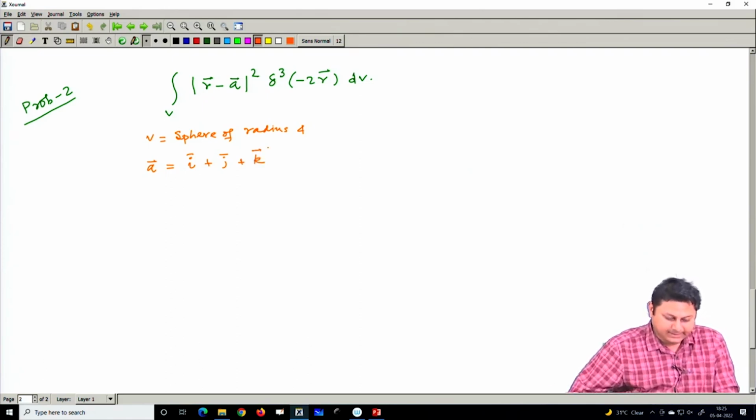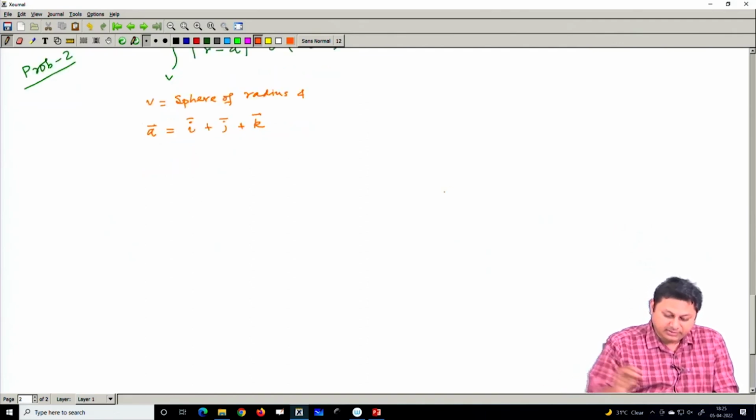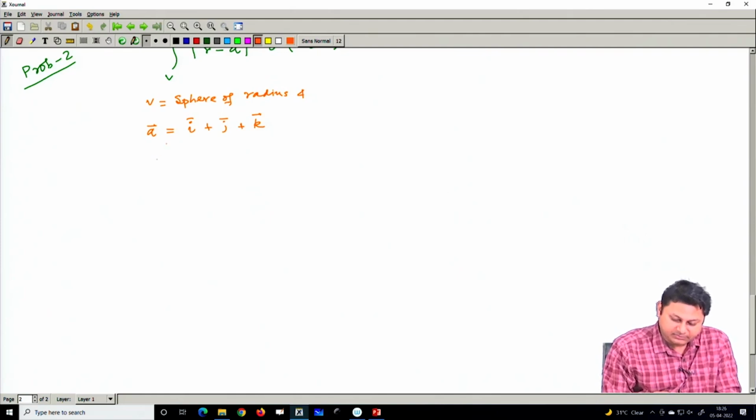Okay. So, now first we need to check the magnitude of this vector a. The magnitude of vector a is root over 3. This quantity, if you calculate, is less than 4.